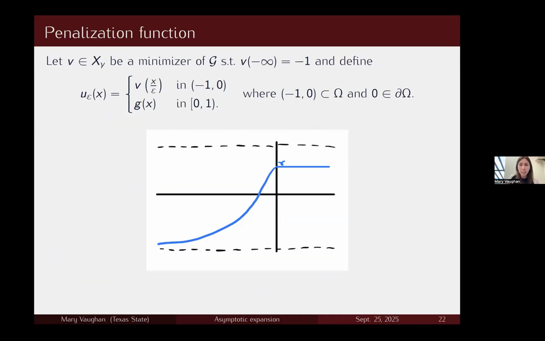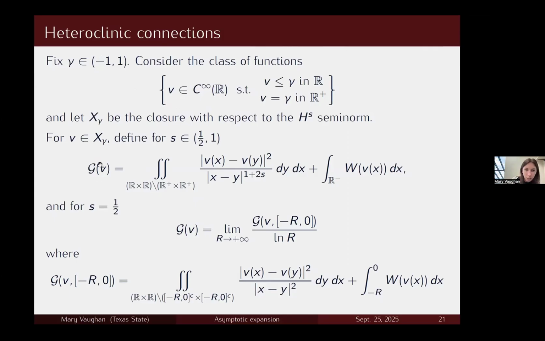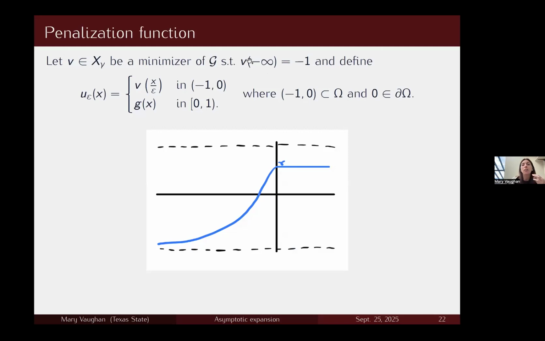Before I say anything about existence and uniqueness, which is an important part, since if you're going to use those functions you should know they exist, let's just say for a moment that we have a minimizer of this energy, that is, the energy in the half space that I defined. And suppose that minimizer goes to -1 as x goes to -infinity, so it looks like this idealized picture, which we can prove.